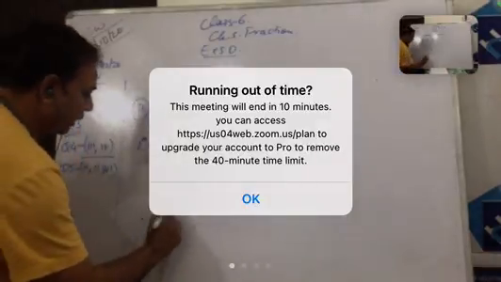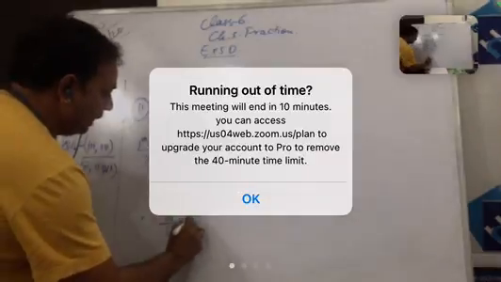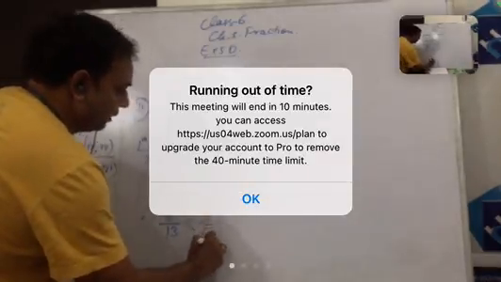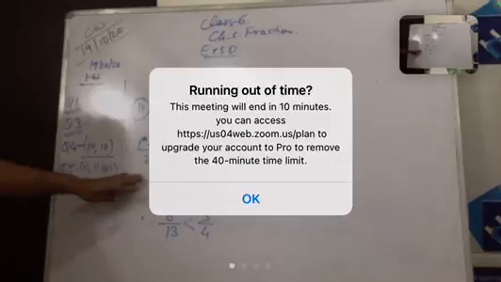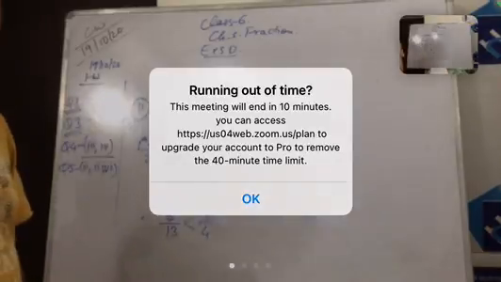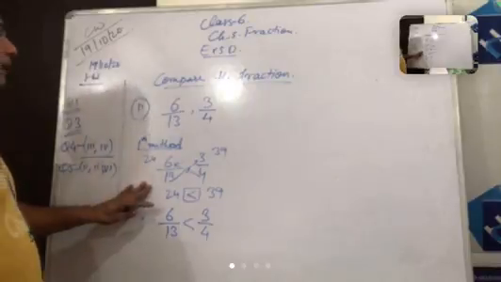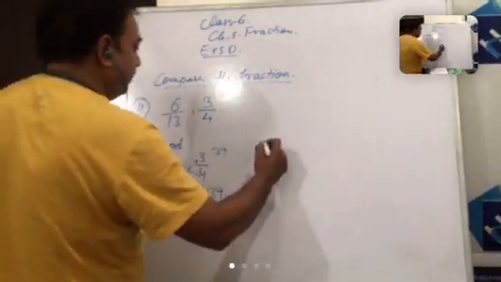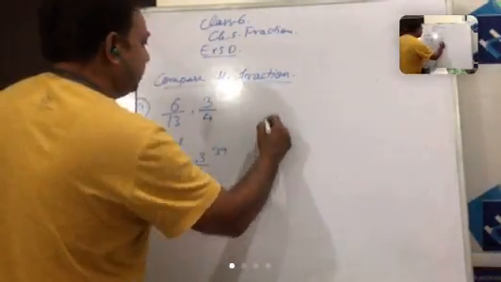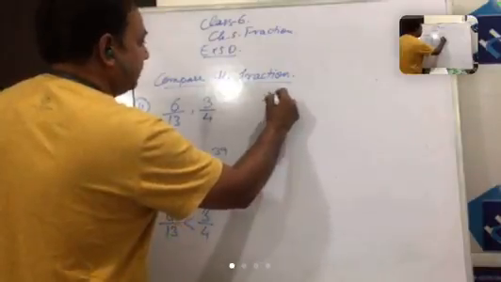So therefore 6 upon 13 is less than 3 upon 4. This is by the cross multiplication method. Clear? Now another, second method, by making like fractions.